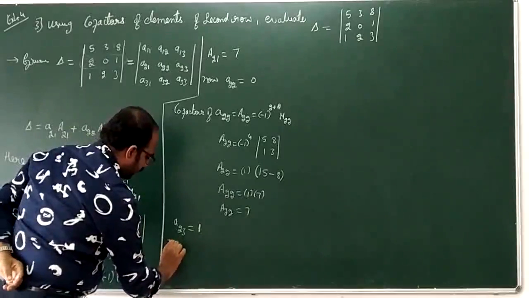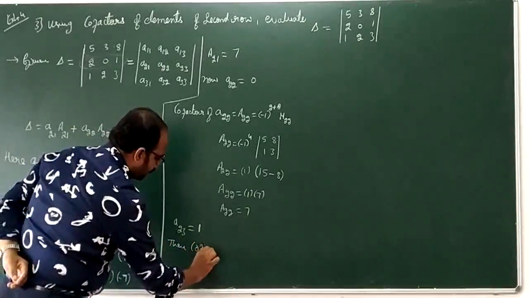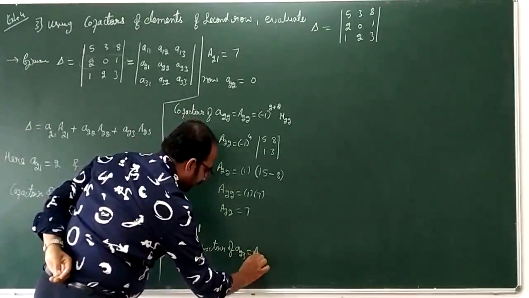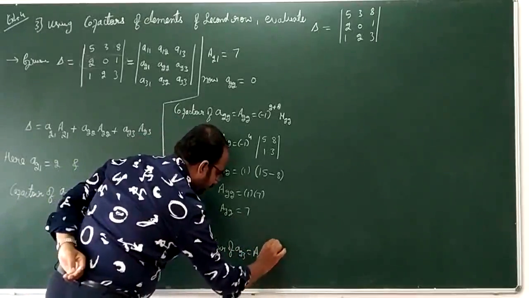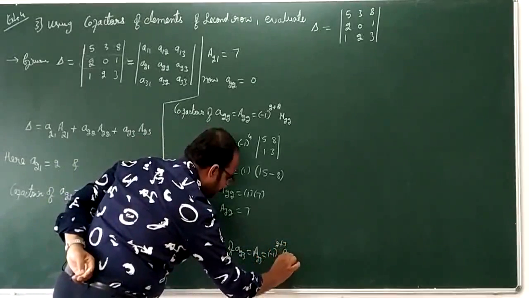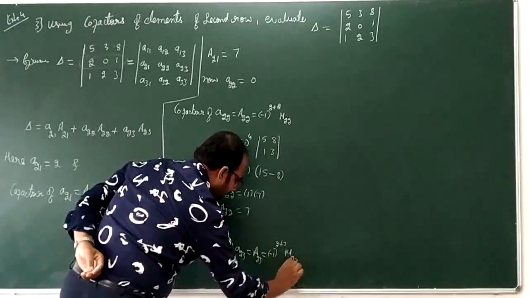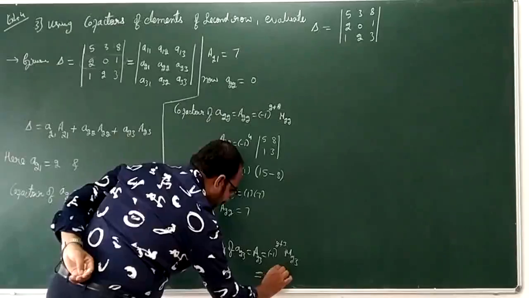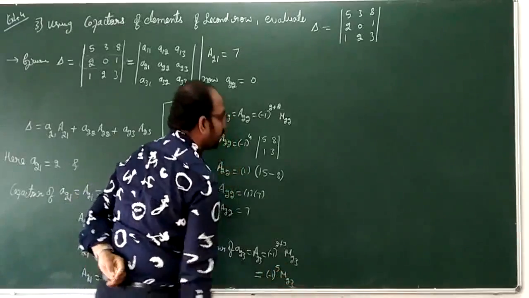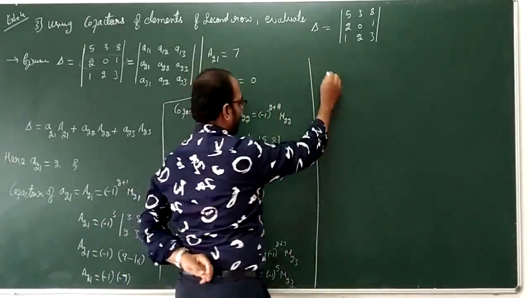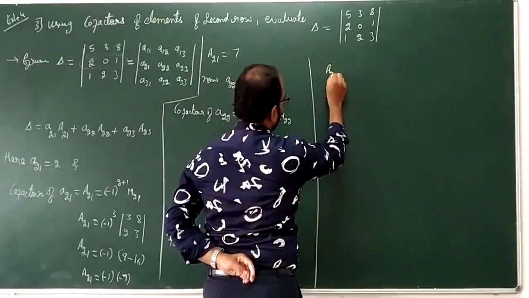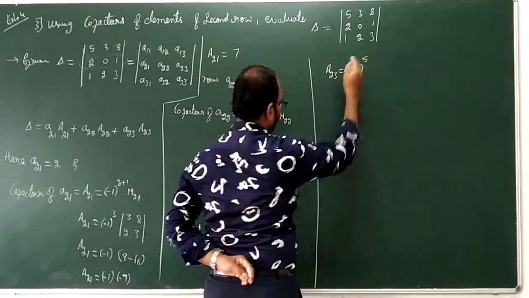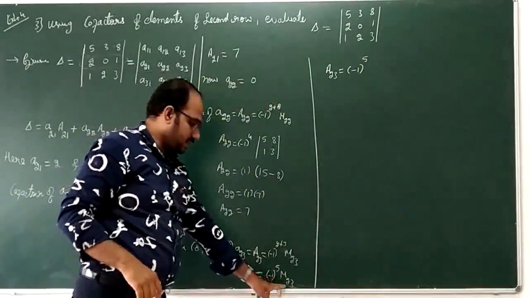Then cofactor of A23 is capital A23, equal to minus 1 to the power of 2 plus 3 into minor of M23, that is minus 1 to the power of 5 into minor of 23, deleting the second row and third column.